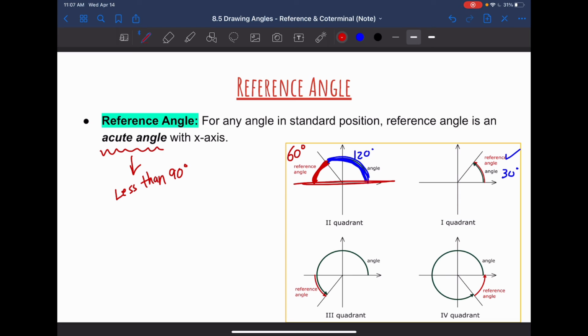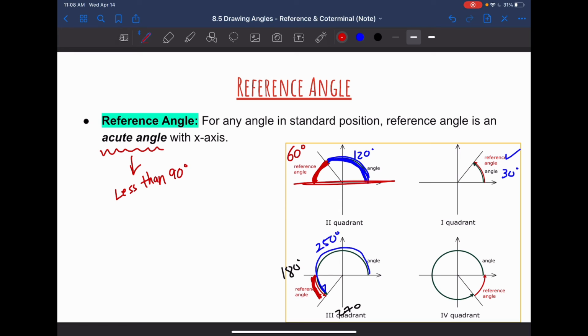Third quadrant is a little bit harder because a lot of people don't remember. This is 180 and this is 270. So let's just say this one was 250 degree. 250 is really big. Now I have to find this one. It's going to be the acute angle with the x-axis. So this part. I'm sorry, x-axis, not y-axis.